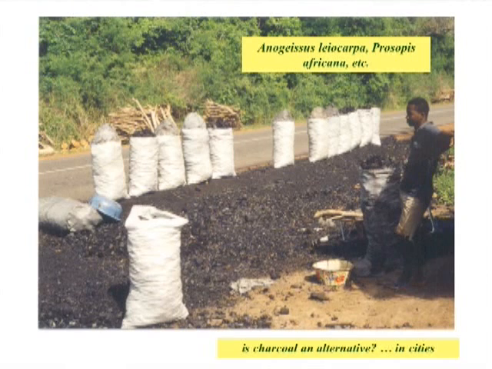Some specific plant species, for example Anogeissus leiocarpa and Prosopis africana, are really good for making charcoal. They burn it in anaerobic conditions to make this charcoal, and people sell it along the road, like you said, to cook in cities.